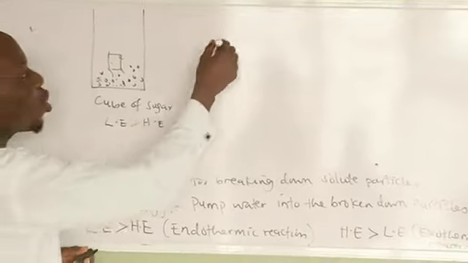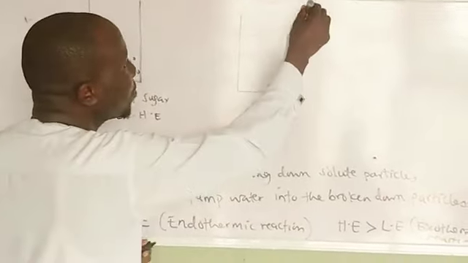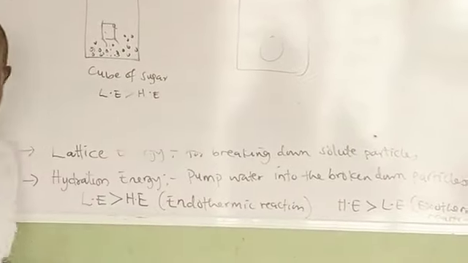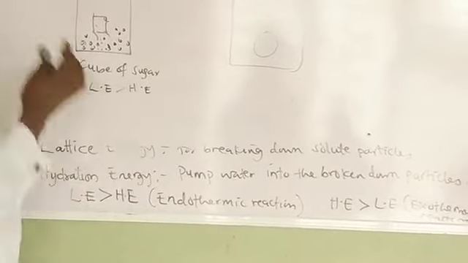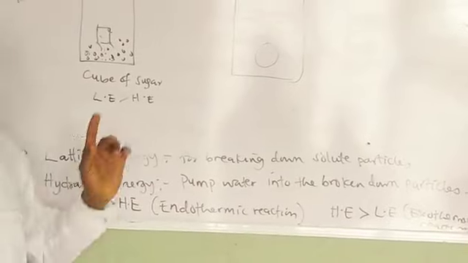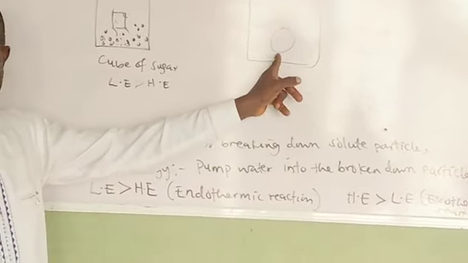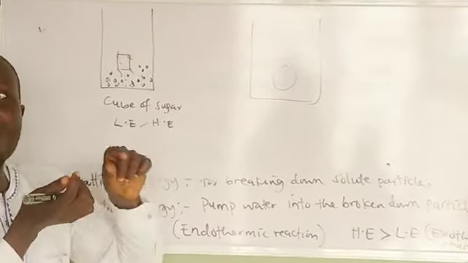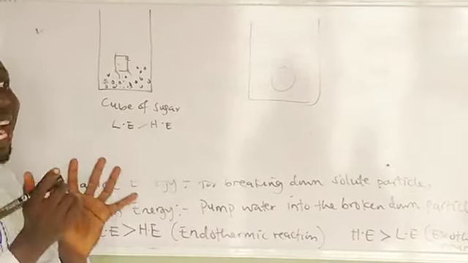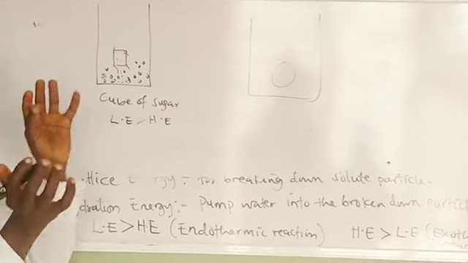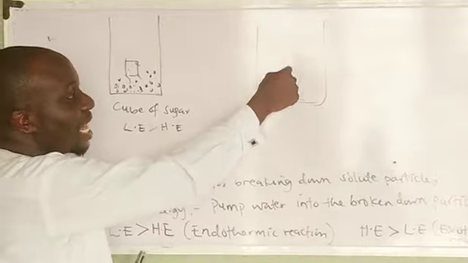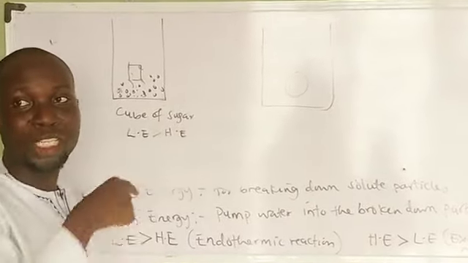Now, for the dissolution of carbide, are you getting it now? You know when you drop carbide inside water, what you see is a splash immediately. Meaning that the hydration energy that wants to pump water into the carbide is already waiting. They are already greater, in larger quantity than the lattice energy that will break the carbide particle down.